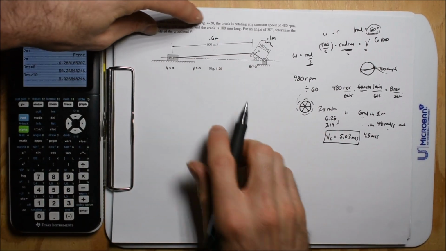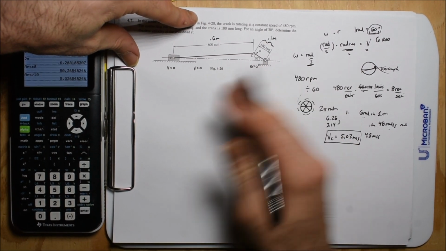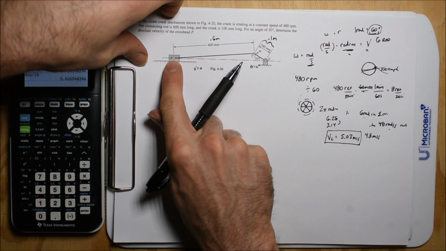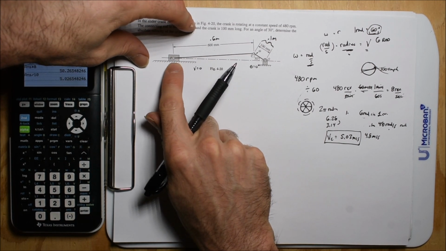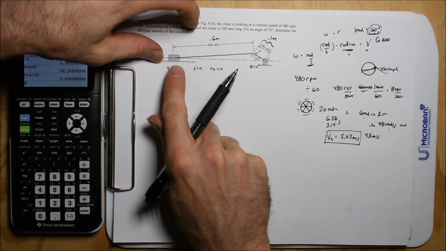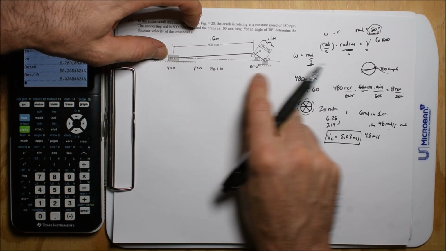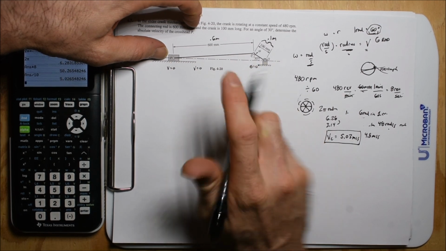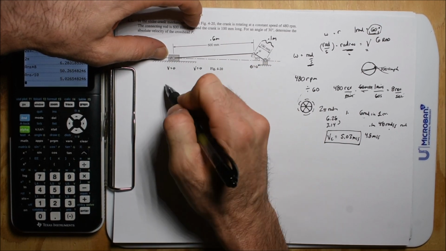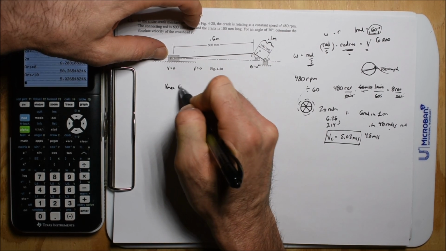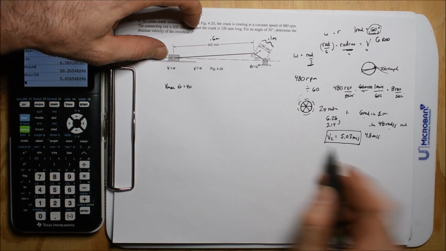So the cool thing is we can answer this question just real fast now: what's the velocity? The velocity at P when theta is 0, when the angle is 0, is just going to be 0. And then the velocity max when the angle is 90 is going to be this.